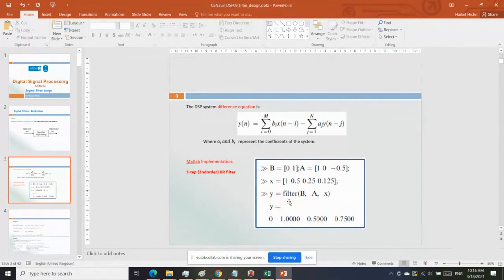So in Matlab, we can use the built-in function filter. We give it the coefficients B and A and x, and it should give us the filtered output.